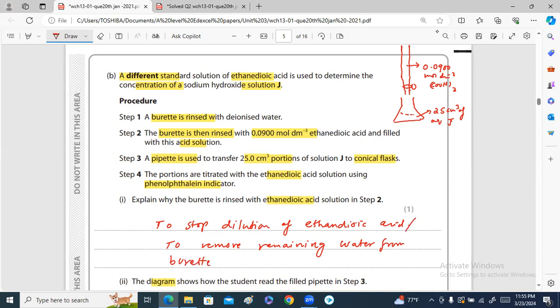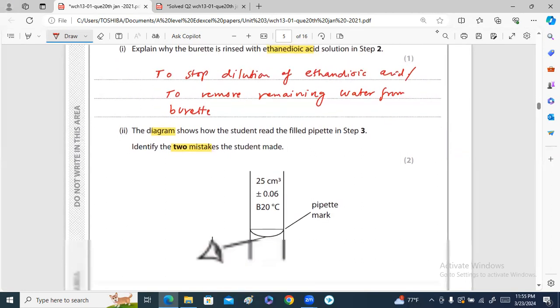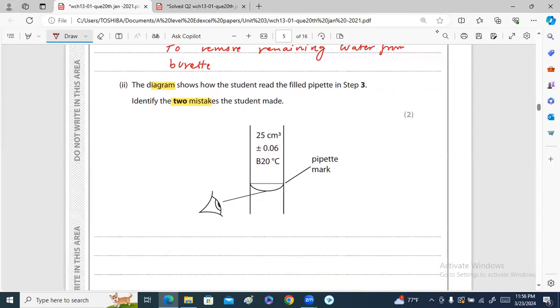So this is the alternate answer. Then the diagram shows how the student read the filled pipette in step 3. We're taking the colorless liquid ethane dioic acid in the burette.